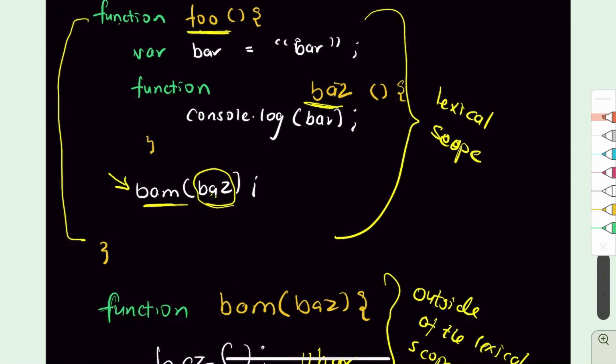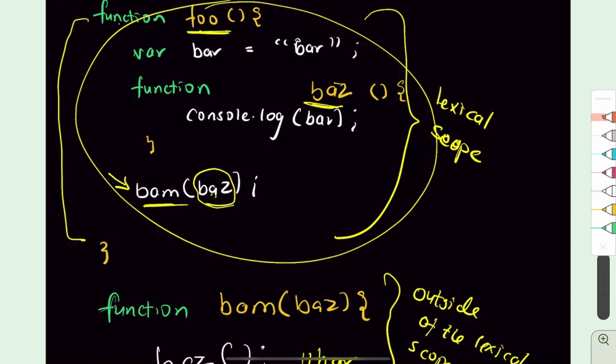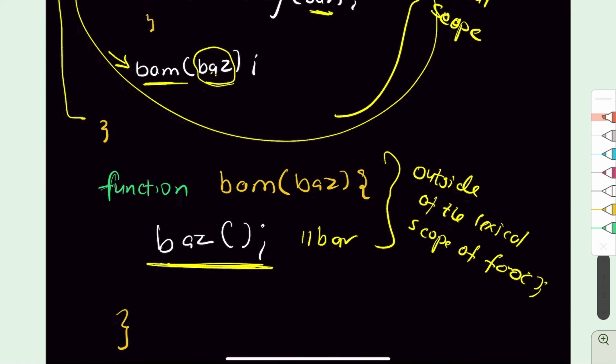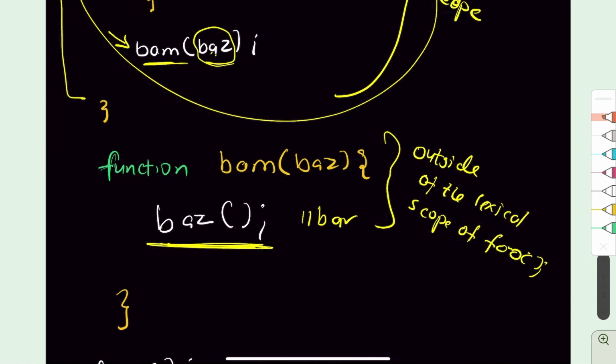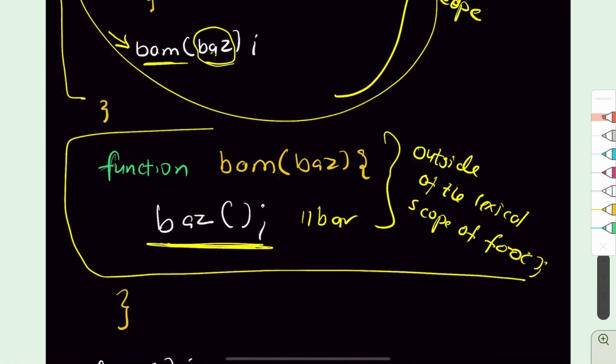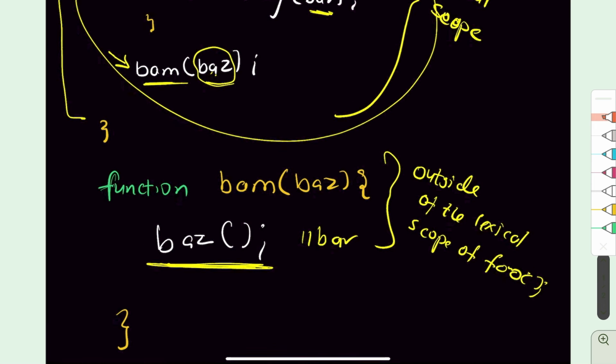Closure is when a function, this function baz here, can remember its lexical scope, and its lexical scope has bar as a variable, even when that function is executed outside its lexical scope.